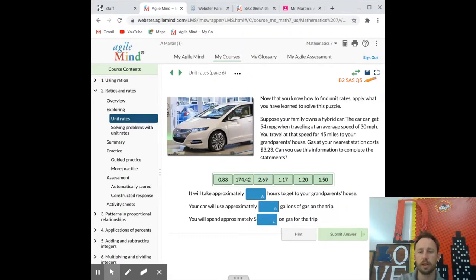All right. So we knocked the first one out together. Now we need to work on part B. What did y'all say 45 divided by 30 was? 1.5. Okay.